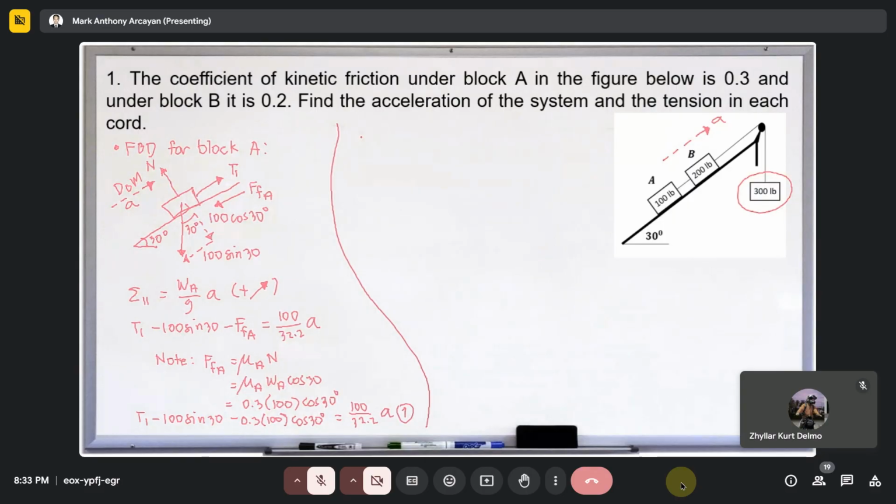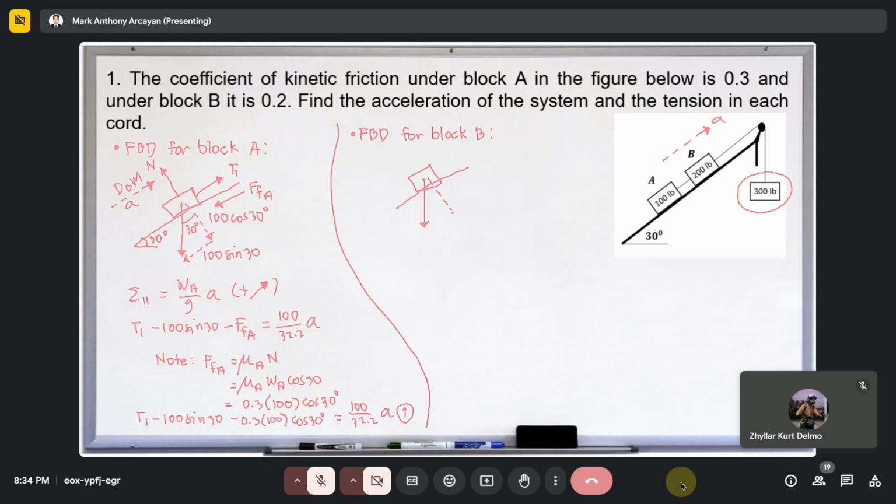Now, let's proceed to the FBD for block B. For block B, which is also on the incline, we indicate the weight.